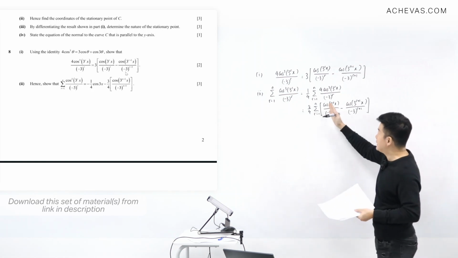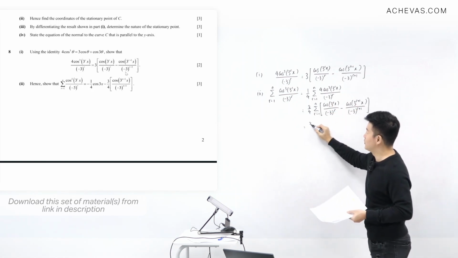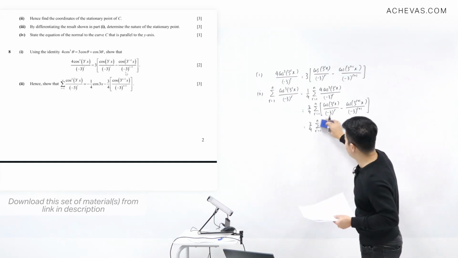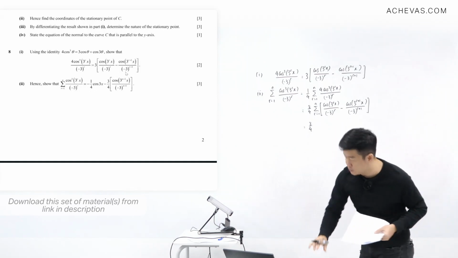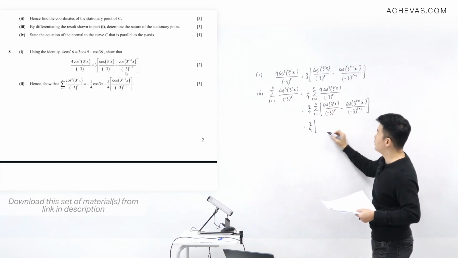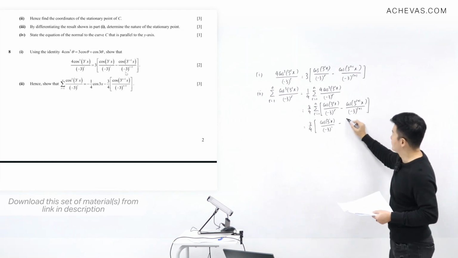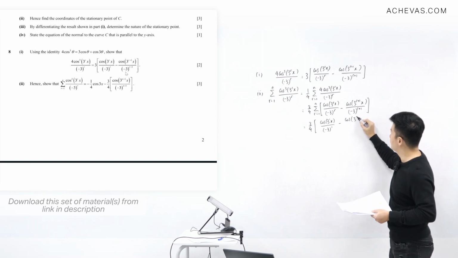So since this is this minus this, let's try to present this according to what we have learned through the method of difference. So I'm going to expand this by letting r be equal to 1. Letting r be equal to 1, we have cosine 3 to the power of 1 x divided by minus 3 to the power of 1. Then this is going to be minus cosine 3 to the power of 2x divided by negative 3 to the power of 2.